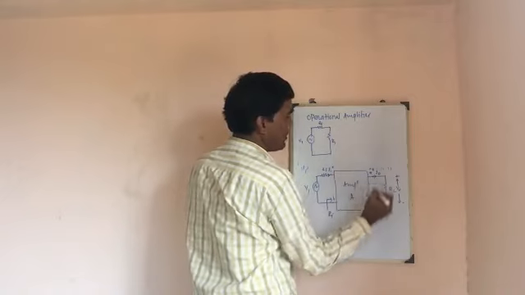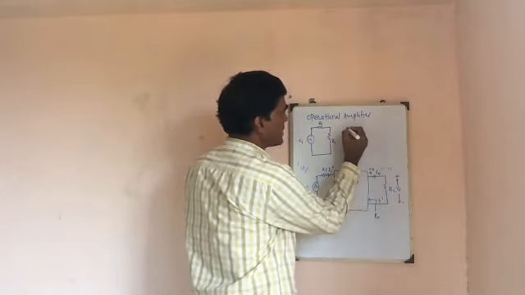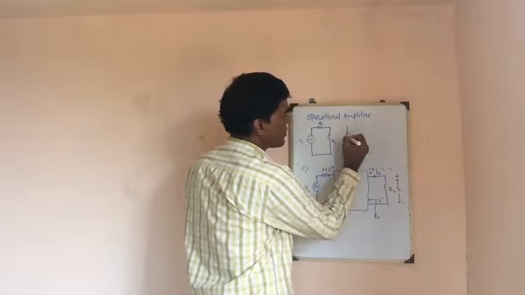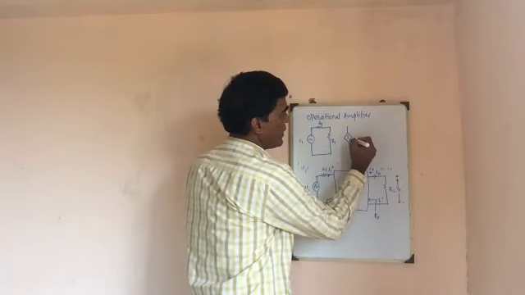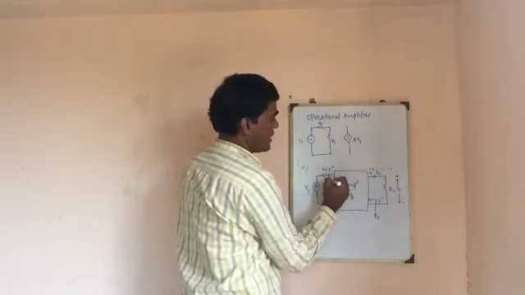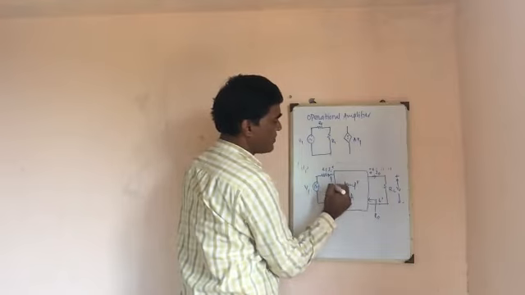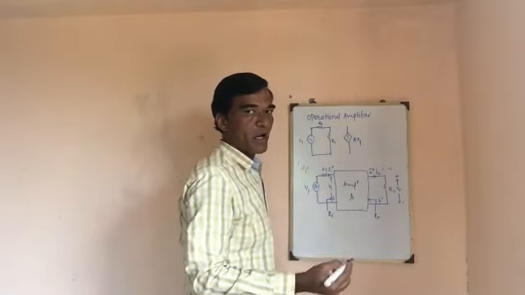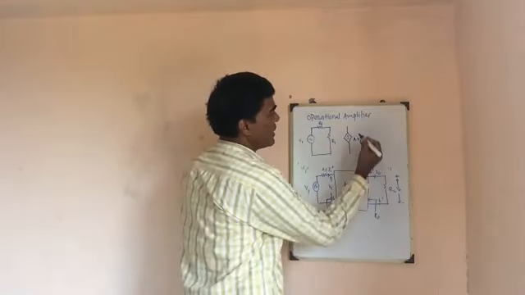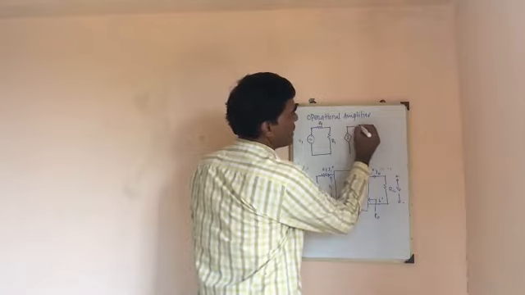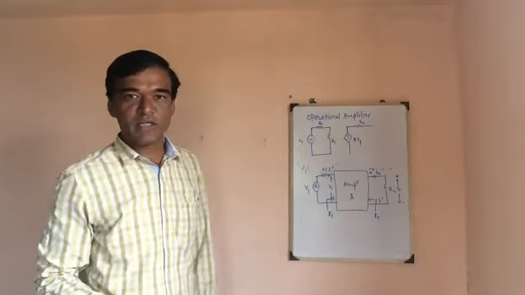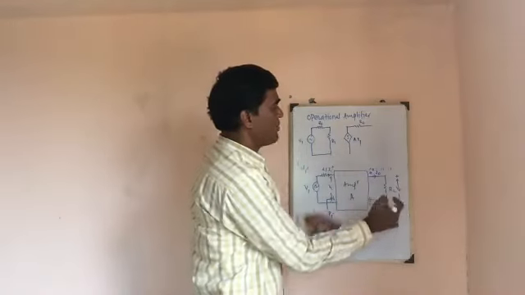On the output side, we replace it by a dependent voltage source equal to A into Vi, where Vi is the voltage between the terminals A and B, which we can also call the Thevenin's equivalent voltage, in series with Ro, which is the Thevenin's equivalent resistance between A dash and B dash.